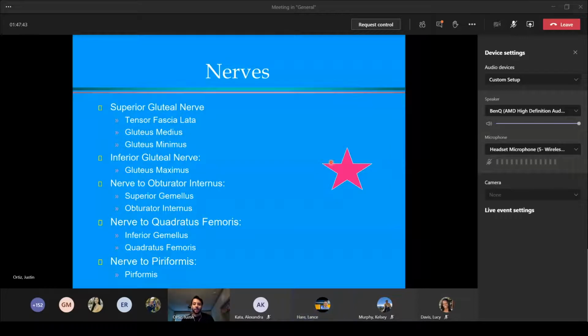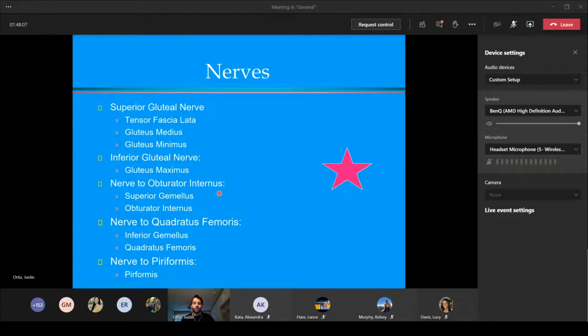And then I also put a little chart for you guys to remember the nerves, because I feel like innervations are the highest yield. Nerve supply is almost always consistent and super testable, which is why I put this here. So superior gluteal nerve: remember tensor fascia lata, gluteus medius and minimus. Inferior gluteal nerve is gluteus maximus.